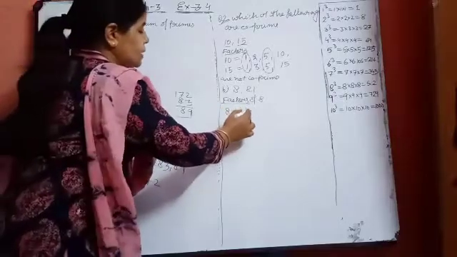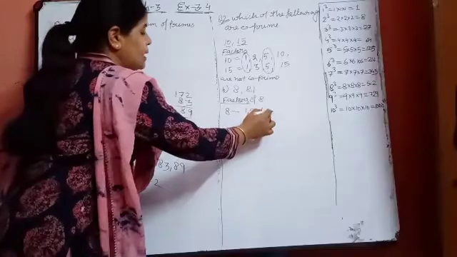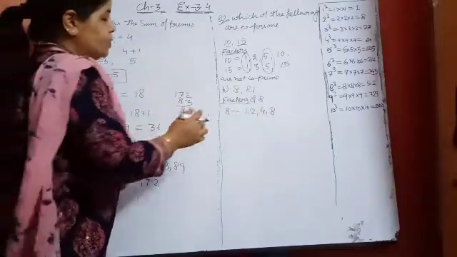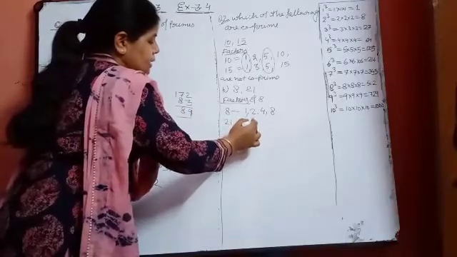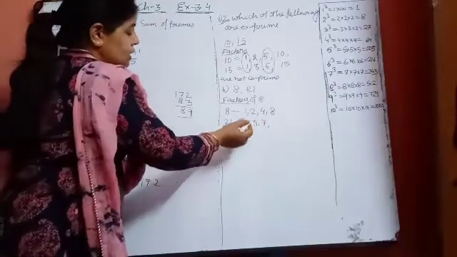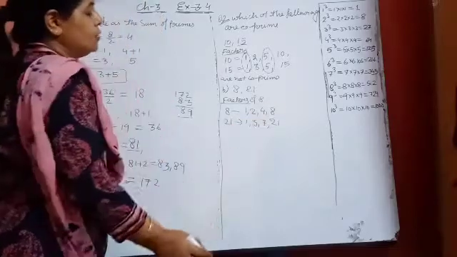Then 2's table has 8, 3's table does not, then 4th table, and finally 8th table. A number is always its own factor. Then 21: 1, 3, 7, and 21 itself.